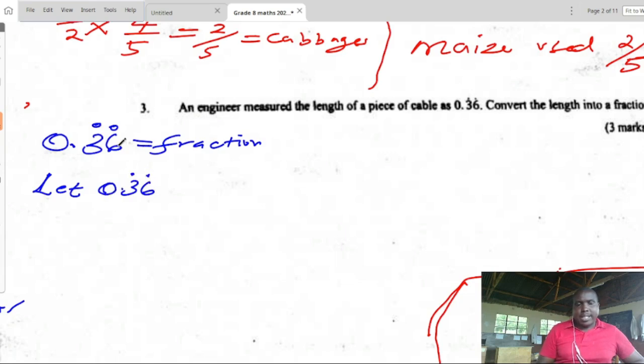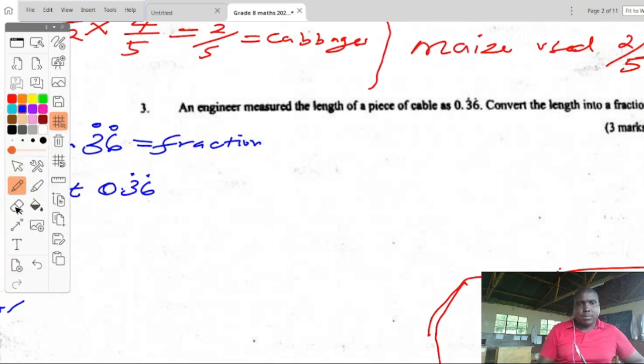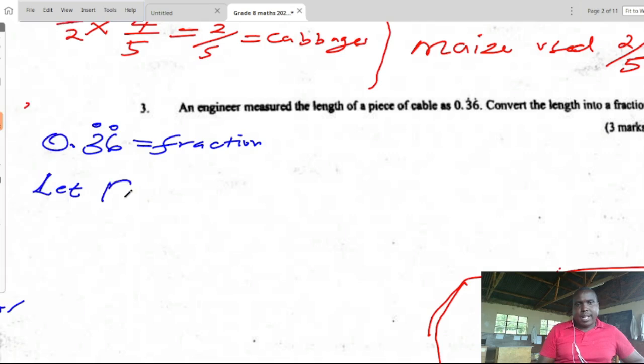You say let R, you can use any letter, equal to 0.3636, because 36 is the repeating number.